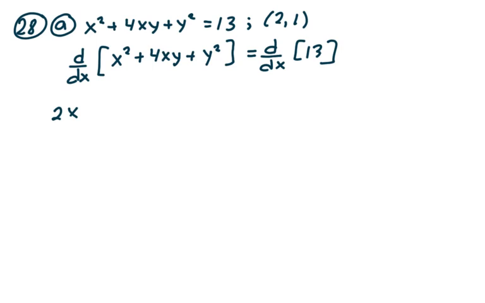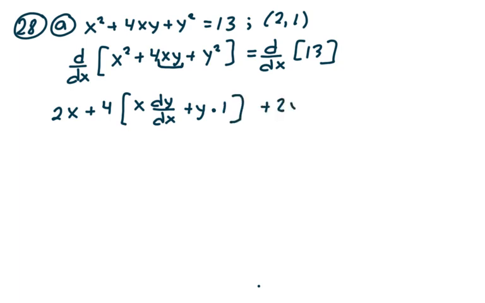So we get 2x plus 4 times, and then from the product rule, we get x dy/dx, right? So we took the first times the derivative of the second, and then we're going to add y times the derivative of x, which is 1, plus 2y dy/dx. And I'm going to set this equal to 0.